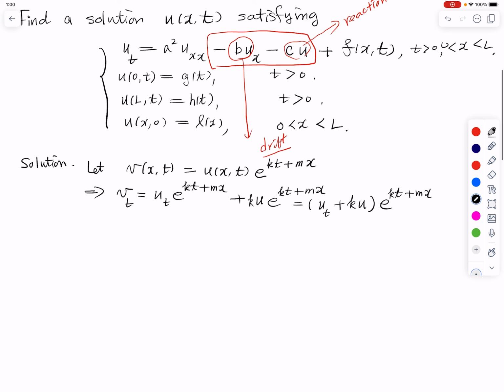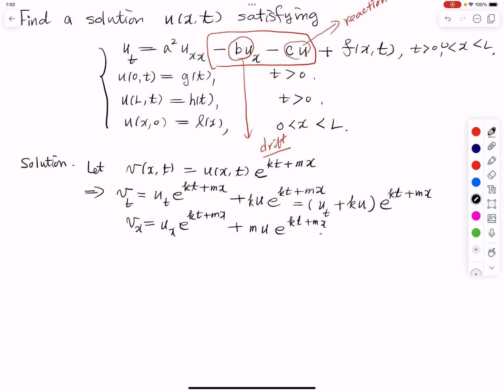Next, I'm going to differentiate with respect to x once. Then we get u_x e^(kt+mx) plus u times the derivative of the exponential with respect to x, which is m u e^(kt+mx).